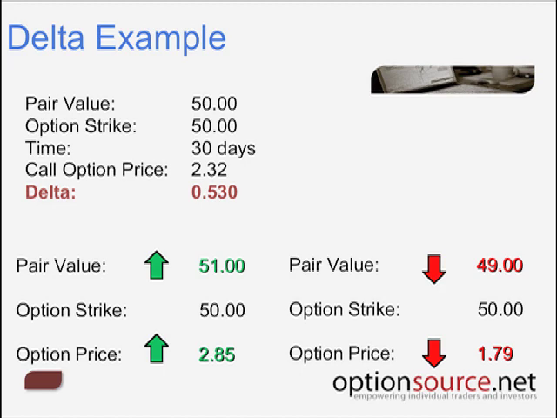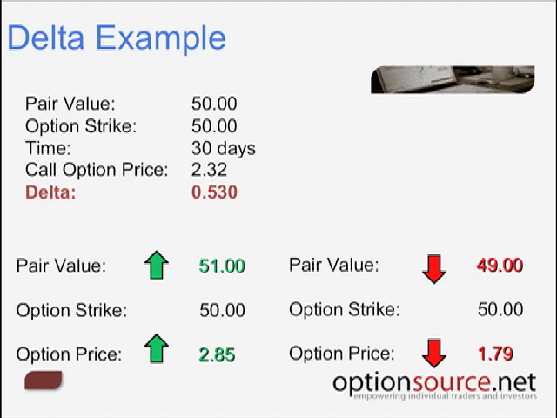So what this is really suggesting is that as the underlying pair moves 1 point, the option contract, without considering any of the other factors, is going to move about 53 cents. So in other words, if the pair value goes up to 51, with the option strike price at 50, the option premium should move from $2.32 to $2.85.